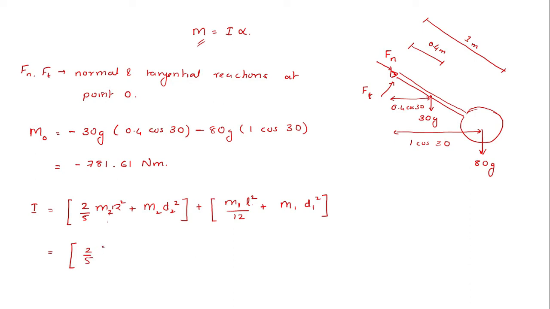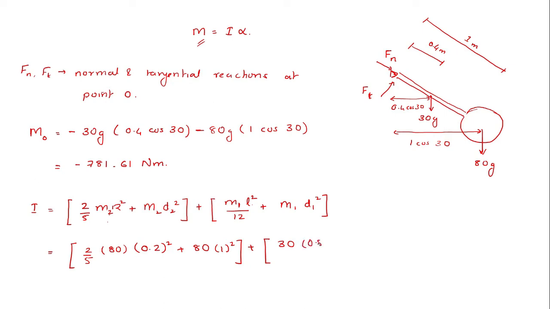2 by 5 into 80 into, r square, where r is the corresponding radius of the sphere. So that is given as 0.2. So 0.2 square plus m1, 80 into the distance of the center of the sphere from this point, it is 1 meter. So 1 square plus m2, 30. The length of the rod is 0.8 meters.